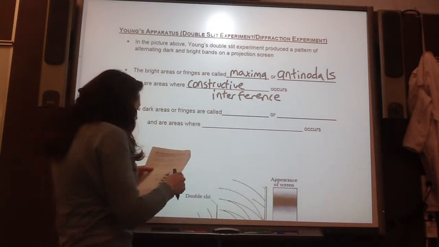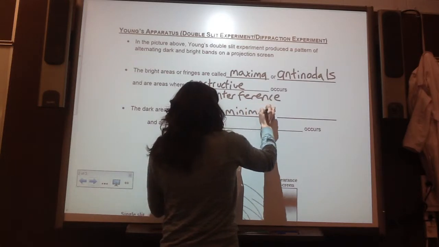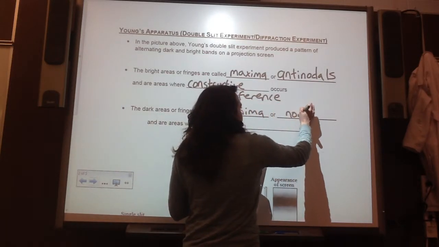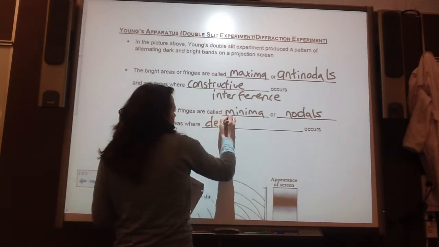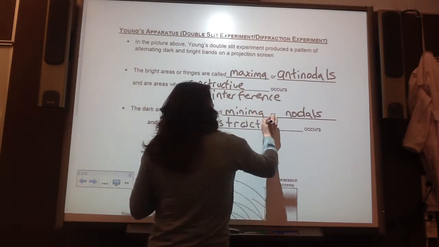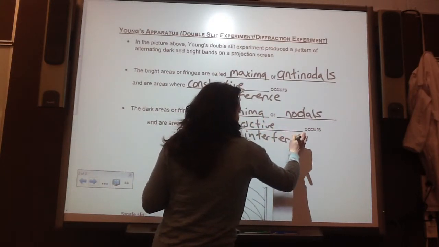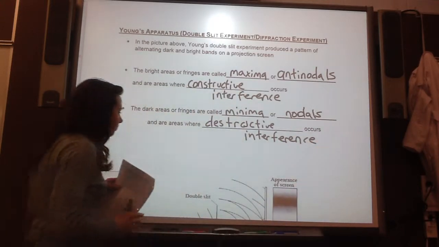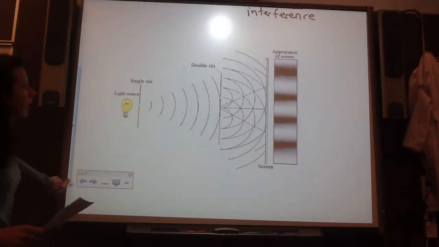Now the dark areas or fringes are called minima or nodals, and this is where destructive interference occurs. So this is kind of what he saw.